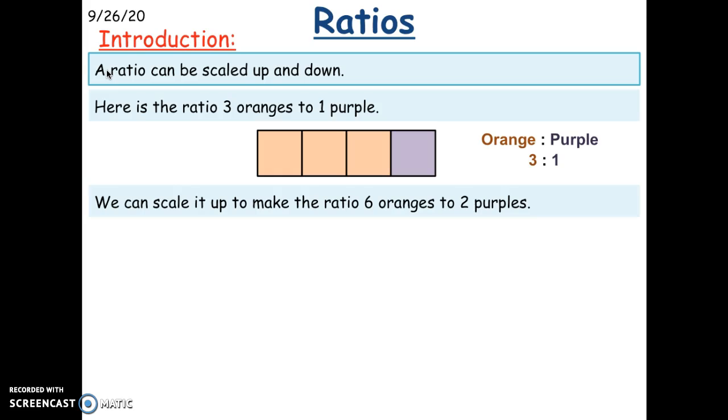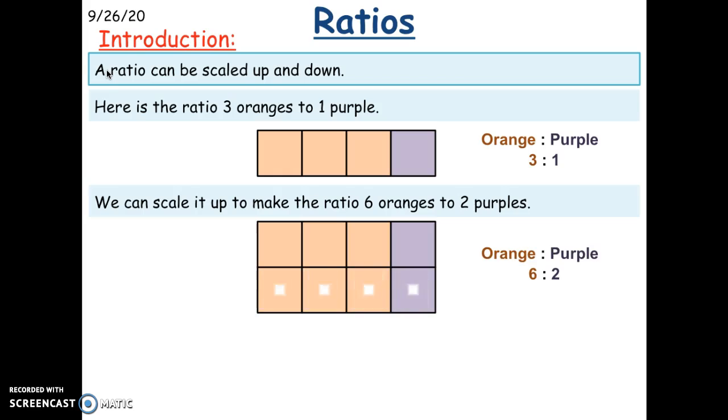If we scale it up in this case, it means that we are looking at something that is equivalent, as we would have done with equivalent fractions. If you remember, it's a similar concept. If we scale up, we can multiply both of them by 2. We can double the quantity of oranges and double the quantity of the purple squares.